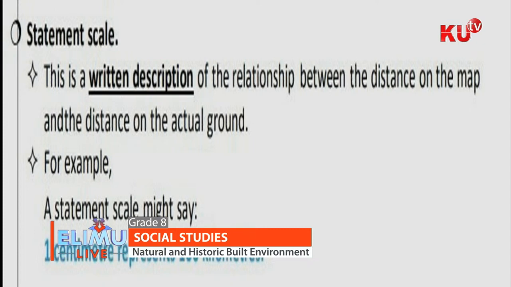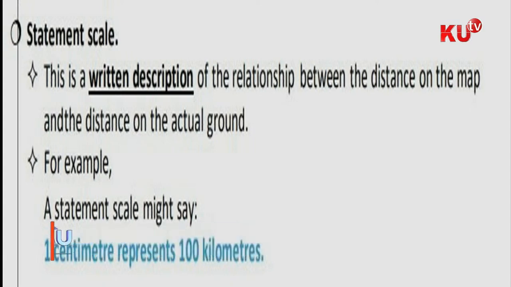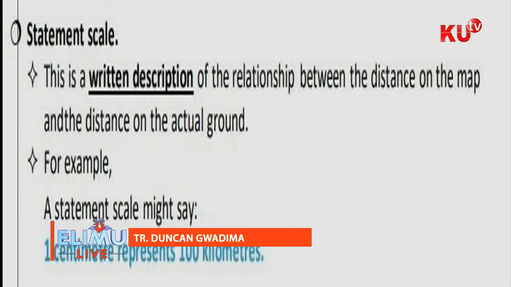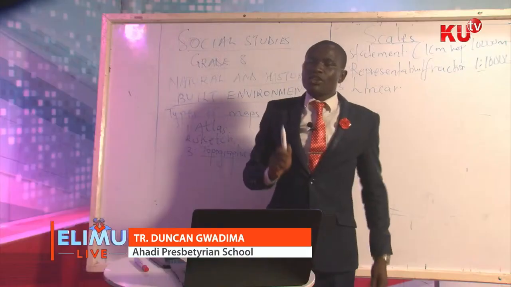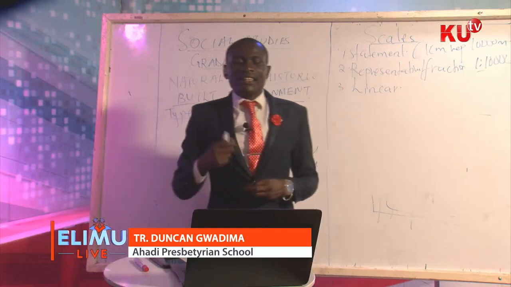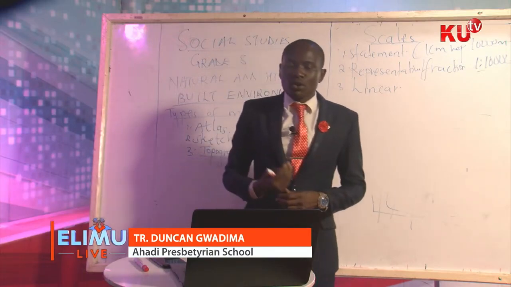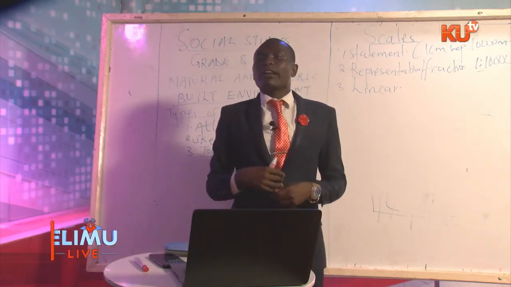Then linear is a graphic representing the relationship between the distance on the map and the distance on the ground. Linear scale is usually shown as a bar or line with markings to indicate the distance on the map and the actual distance on the ground.